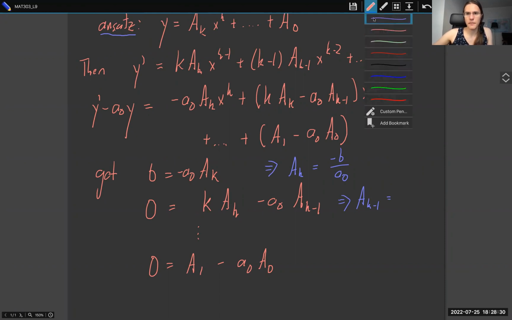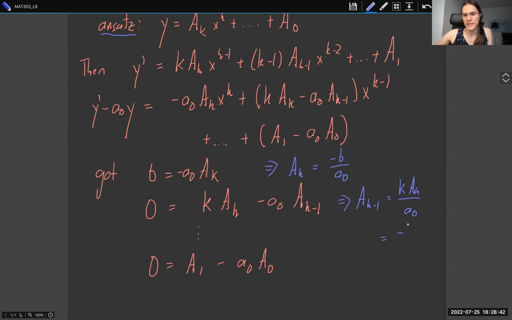Is k a to the k divided by a naught, which by our previous result is going to be minus bk divided by a naught squared.